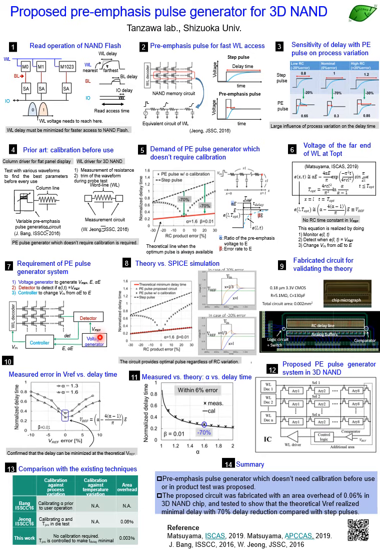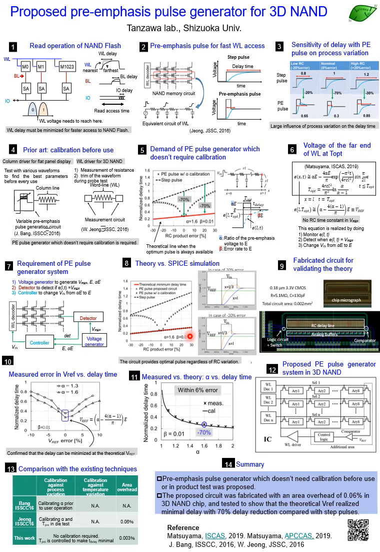The voltage generator should generate Vref, alpha E, and E. When the detector output DET is flipped from 0 to 1, the controller changes the value of Vin from alpha E to E.